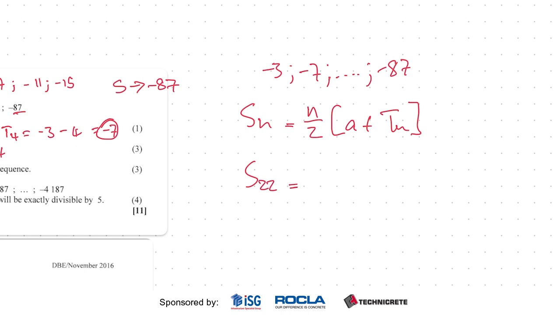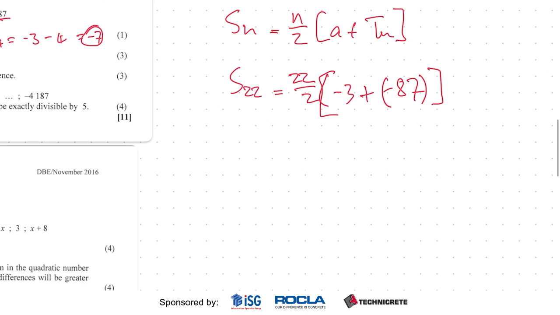Okay, so again, n is 22 over 2. Our first term is negative 3 plus Tn, which should be the 22nd term, is negative 87. And then you just solve for this, yeah?